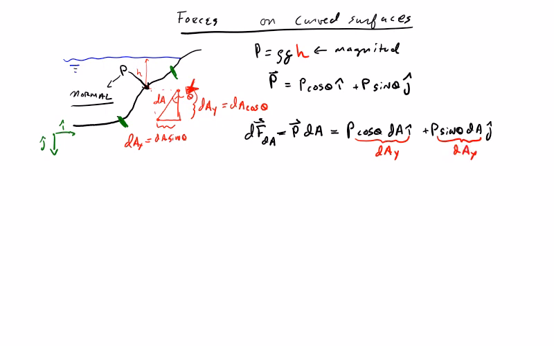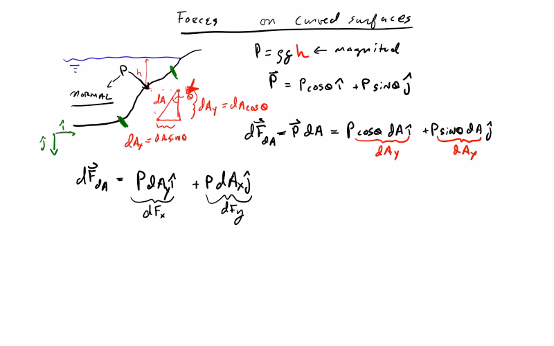So we could say that dF equals P dAy in the I direction plus P dAx in the J direction, and you could say that this is dFx and this is dFy.